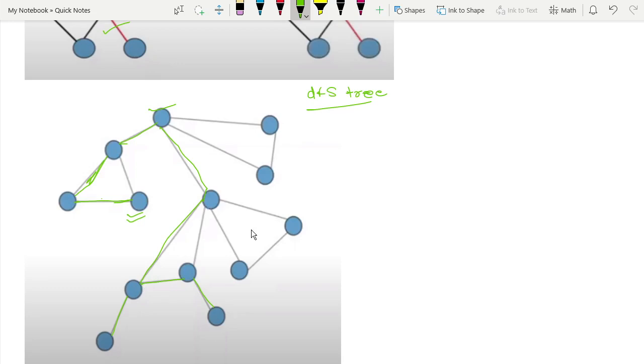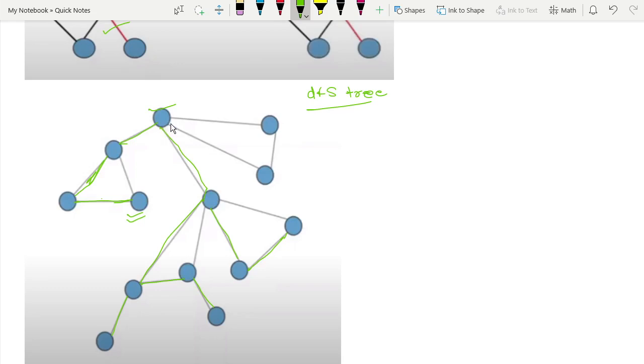Now this is the node which is not visited, so it will visit that node. Now traversing the adjacency list of this node, it will visit this node. Now this node has no unvisited node, so it will trace back, trace back, trace back.